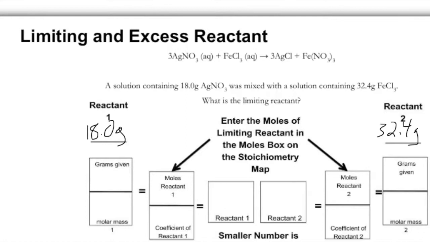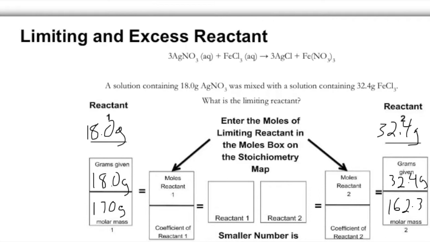So 18 grams of silver nitrate, and if we add up the silver plus nitrogen plus 3 oxygens, it has a molar mass of 170 grams. And on the other side, the iron 3 chloride has a mass of 162.3 grams, and we've got 32.4 grams of that we were given.